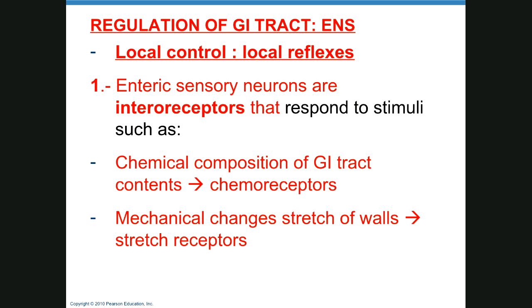All right, so the sensory neurons are going to be interoreceptors, essentially two types of receptors: chemical receptors and mechanical receptors. The chemical receptors are going to sense two things. They're going to sense pH. They're also going to sense undigested food.